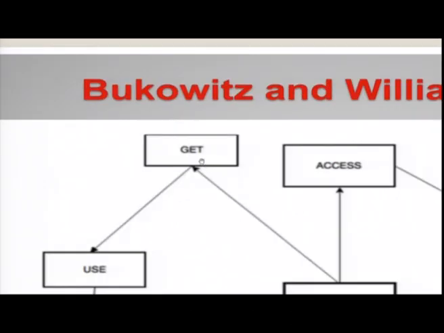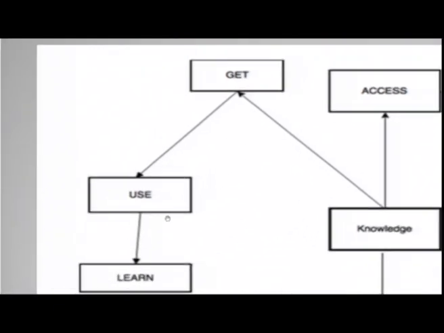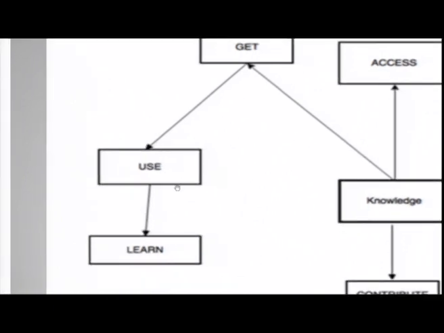First of all, you get the knowledge from the repository, and you use it. When you use it, you encounter certain problems. See, in the earlier sessions we saw something about tacit knowledge and explicit knowledge.